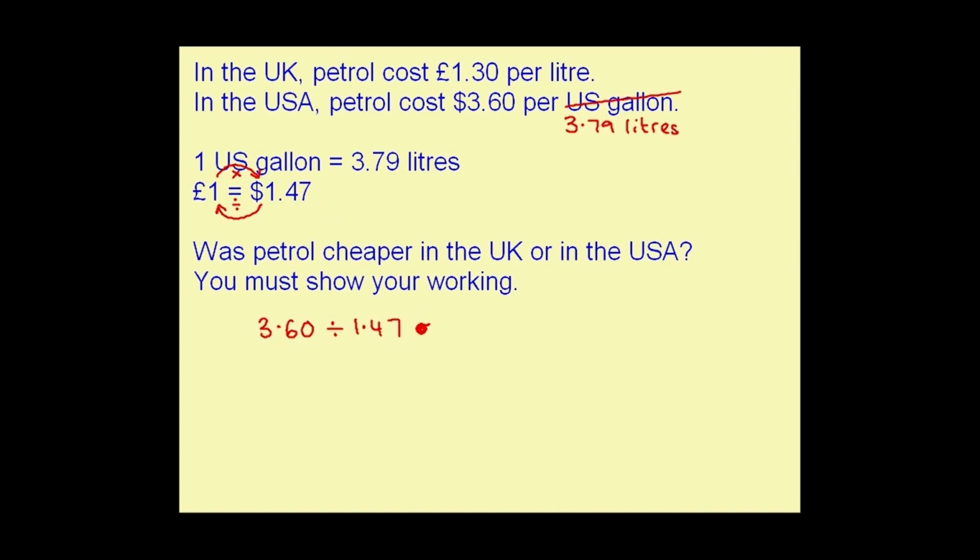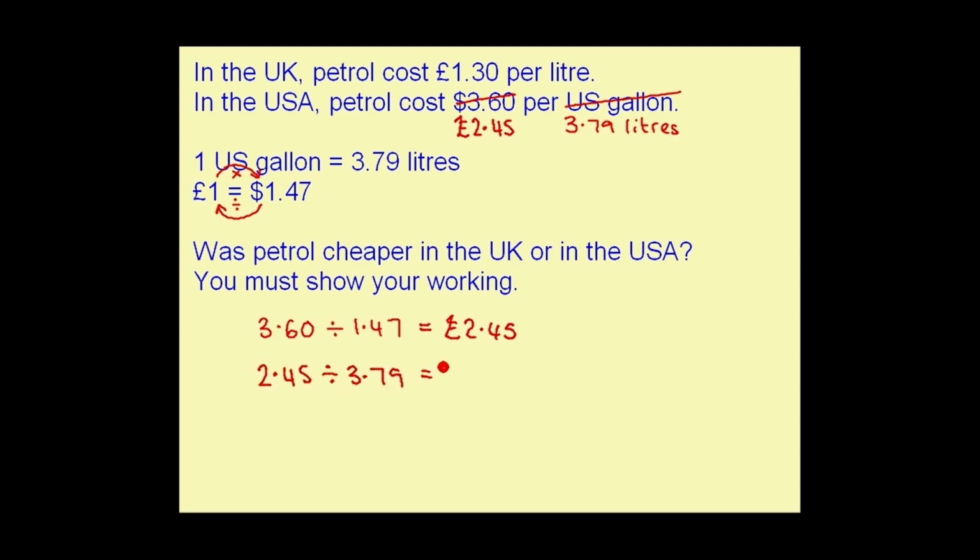Using a calculator and rounding to the nearest penny, I get £2.45. So in the USA, the petrol is £2.45 for 3.79 litres. But I want the price per 1 single litre, so what I need to do now is divide by 3.79.